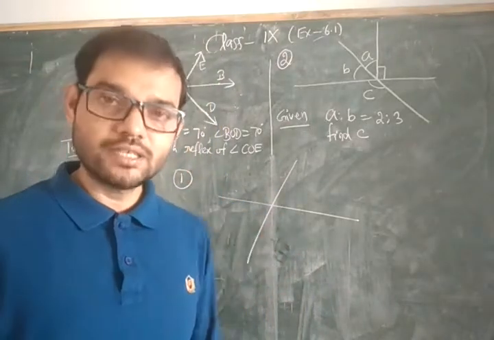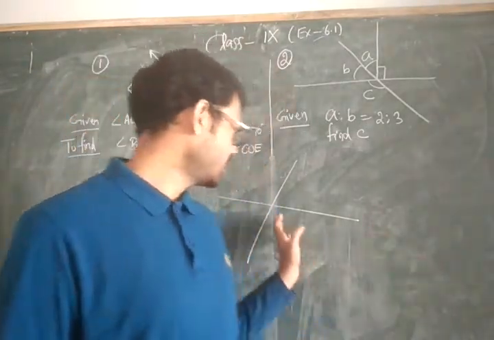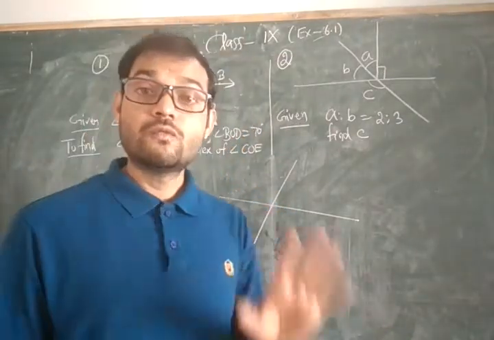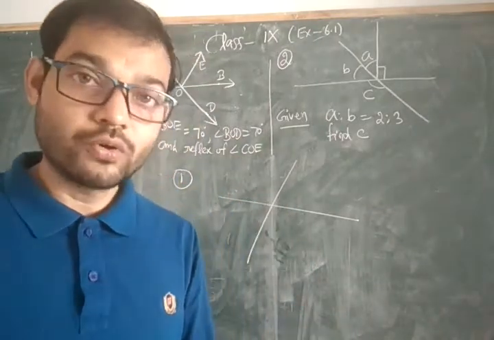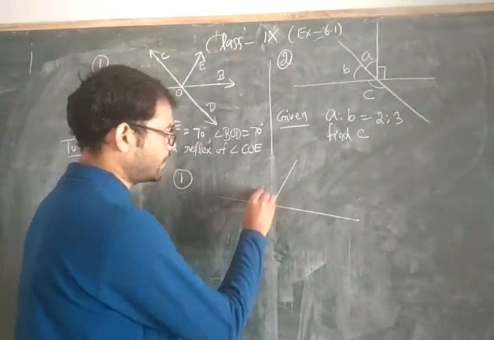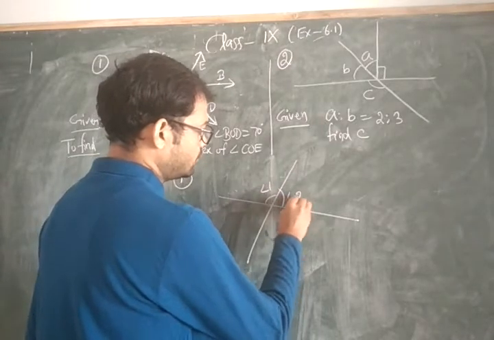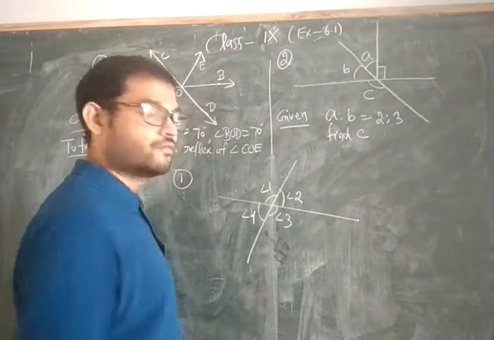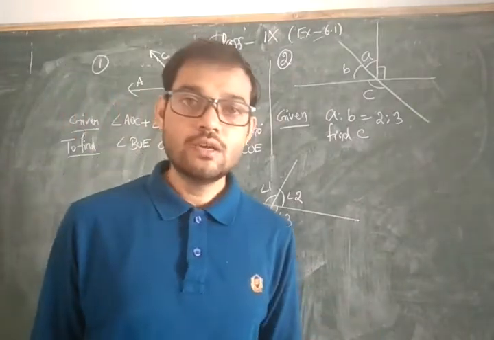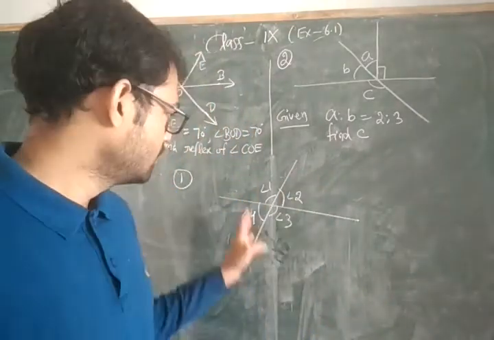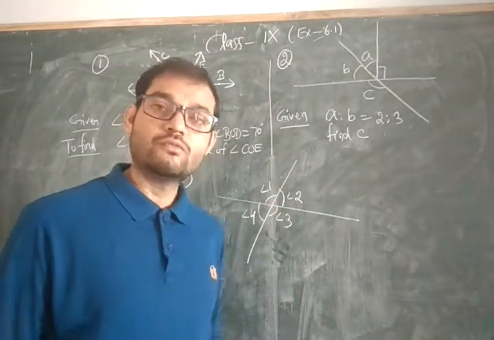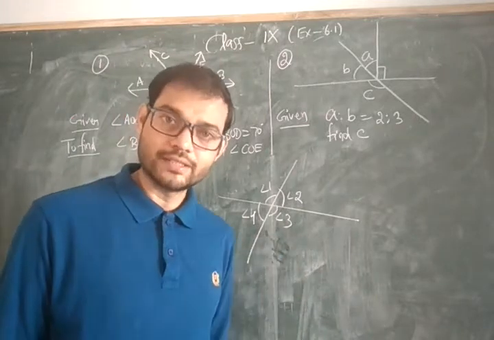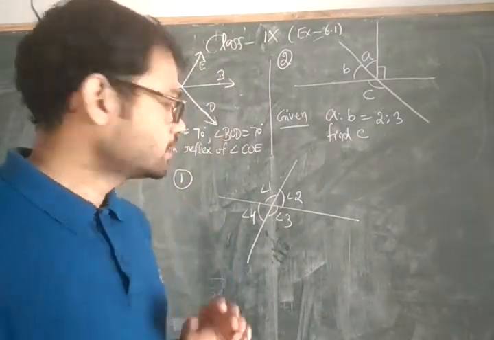If they are crossing, then these are intersecting lines, and in this there are four angles: this is angle 1, angle 2, angle 3, and angle 4. Now you can see we have four angles 1, 2, 3, and 4, and there are relationships among these four angles. What are those?